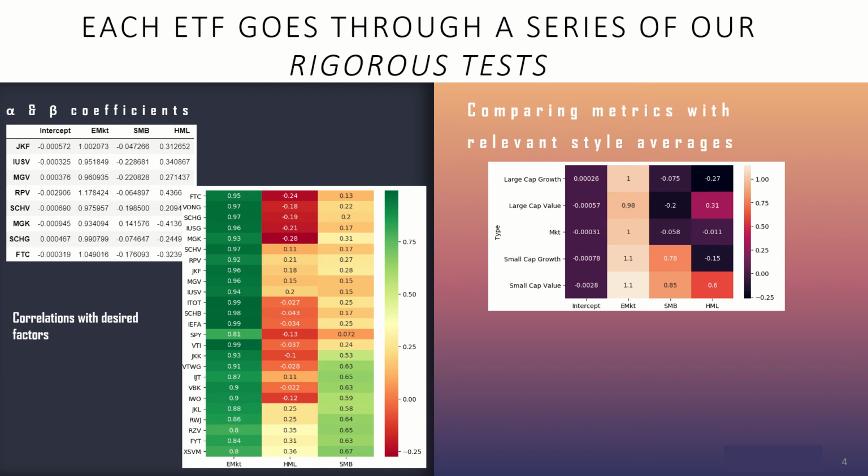We chose the ones which provided us the lowest cost in terms of the expense ratio, which is the transaction cost that you would have to pay to be part of the ETF. The second would be the tracking error, which measures the deviation from the factor, and we try to minimize both the tracking error and the expenses.